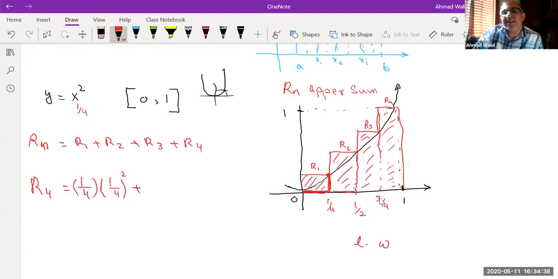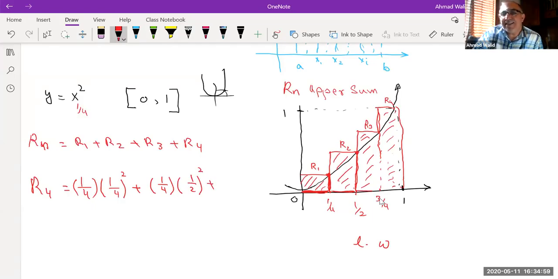Plus the second rectangle. Again, how much is this distance from 1/4 to 1/2? Again, the width is the same, 1/4, times, if I ask you to find this height, you have to square 1/2, right? Times 1/2 squared.